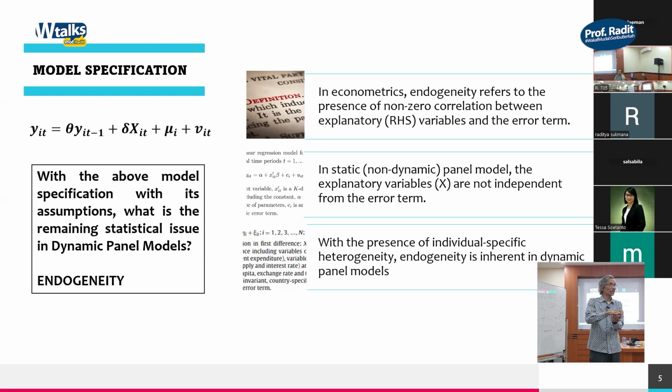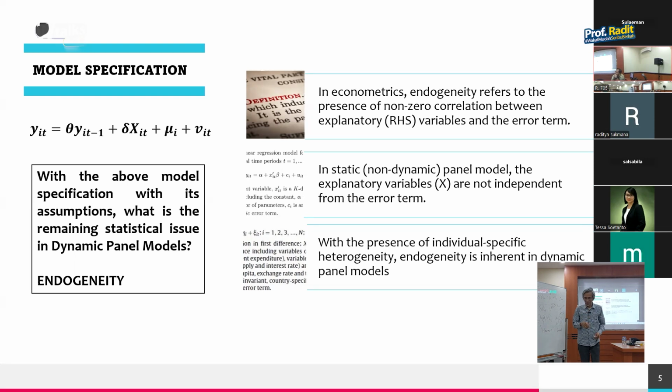And there are theoretical articles written on that. So that's why even for dynamic panels, don't rule out fixed effects. Look at your T. If T is long, you can still use them as an alternative type of estimation.